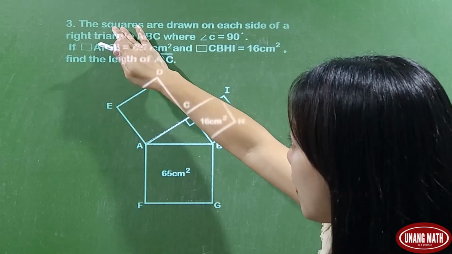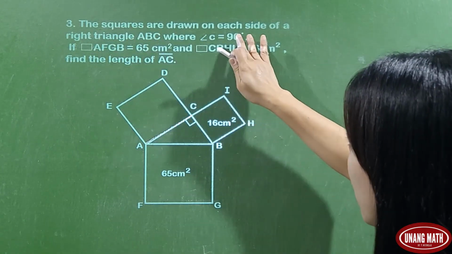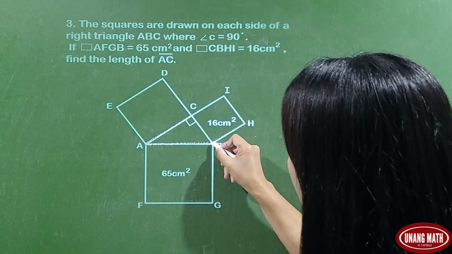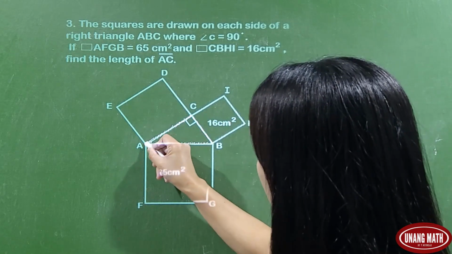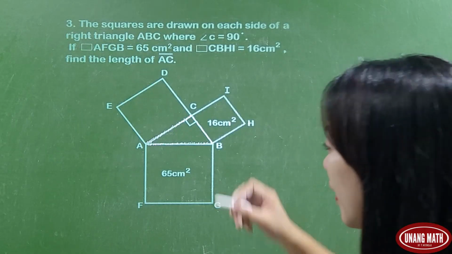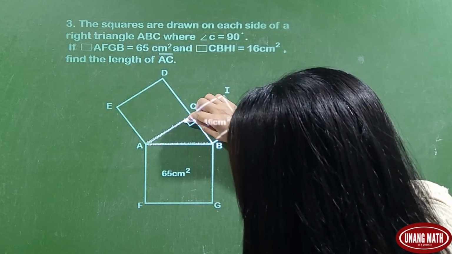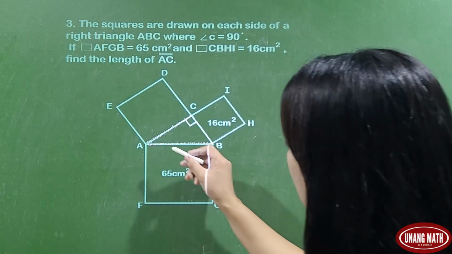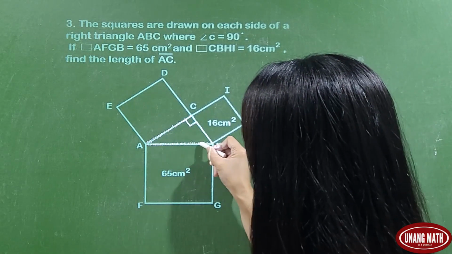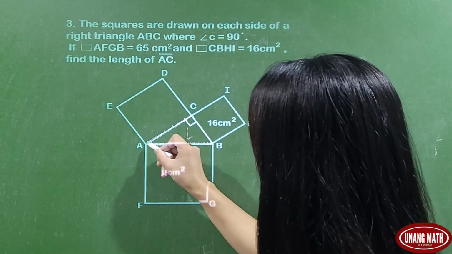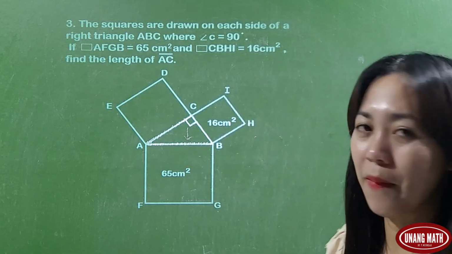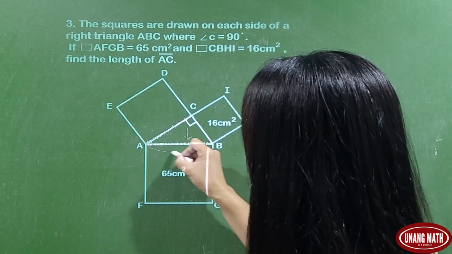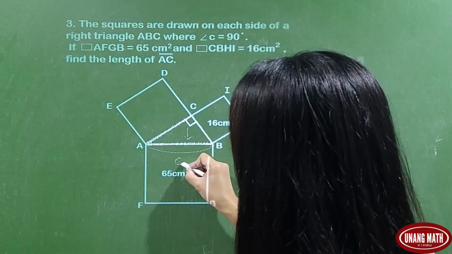According to this one, squares are drawn on each side of right triangle ABC. So where's right triangle ABC? This right triangle. It's given that this is our right angle. So it means the hypotenuse is this opposite side, segment AB. But to make it simpler, we will just name this side c.